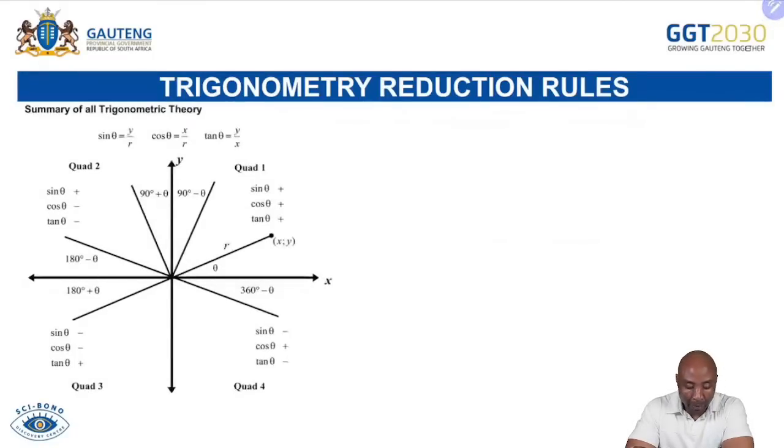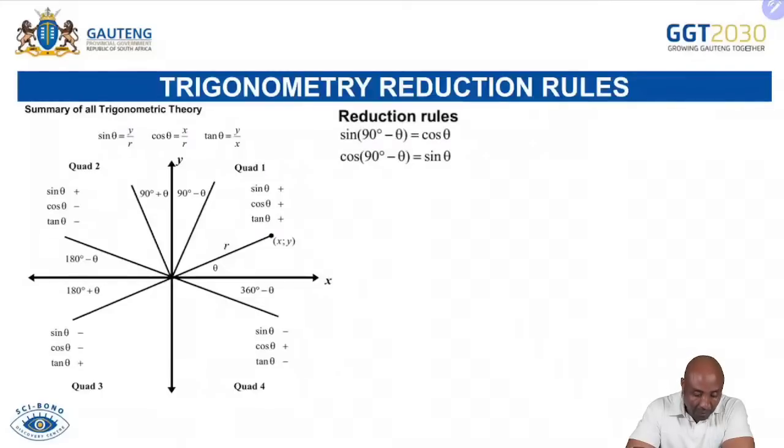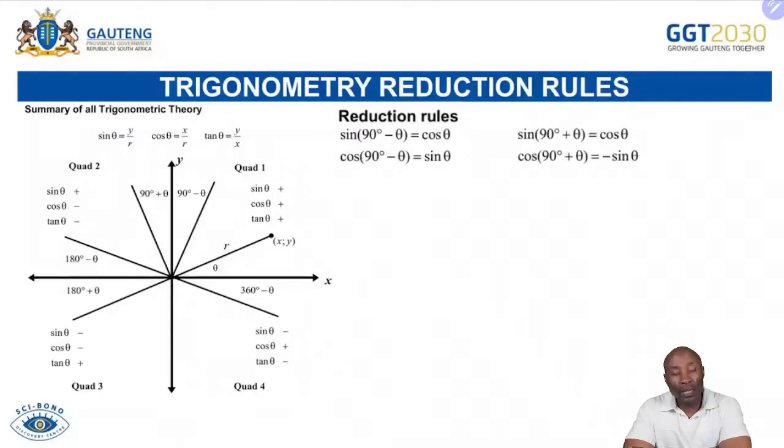Let's refresh our memory. We know that in the first quadrant, we are dealing with that, and we are able to see which ones are positive, which ones are negative. The reduction of sine 90 minus theta is cos theta. The reduction of cos 90 minus theta is sine theta. The reduction of sine 90 plus theta is cos theta. The reduction of cos 90 plus theta is negative sine theta.